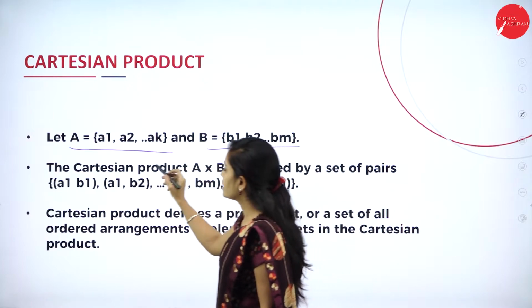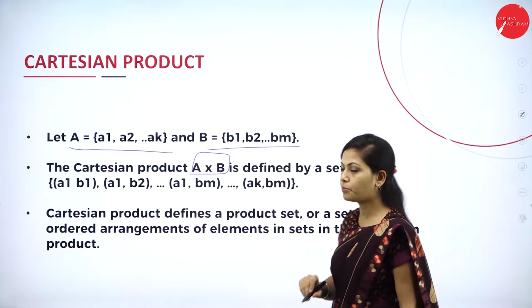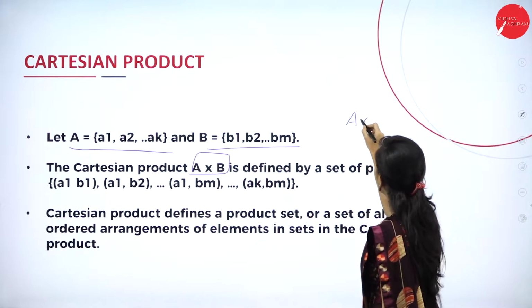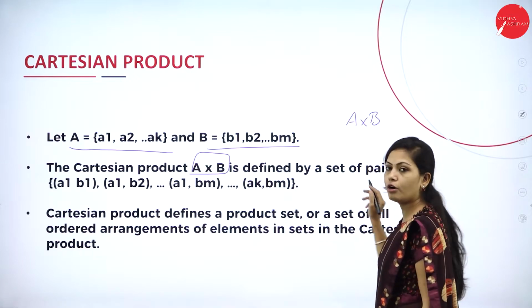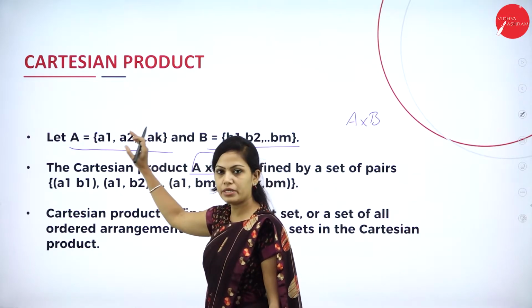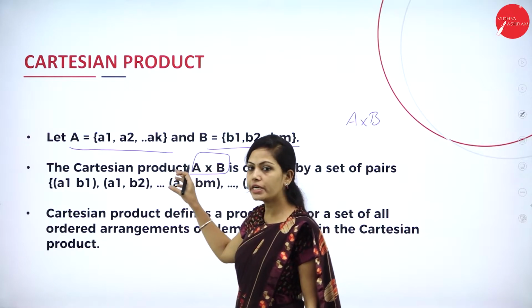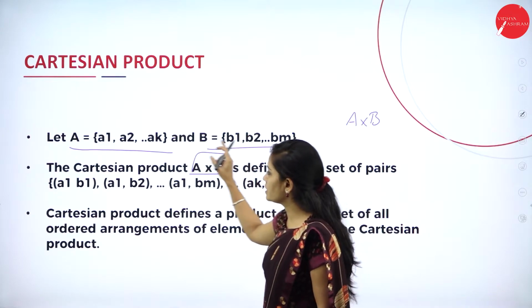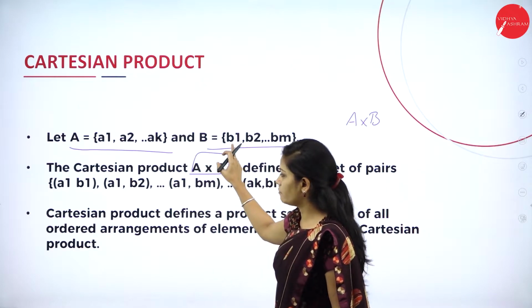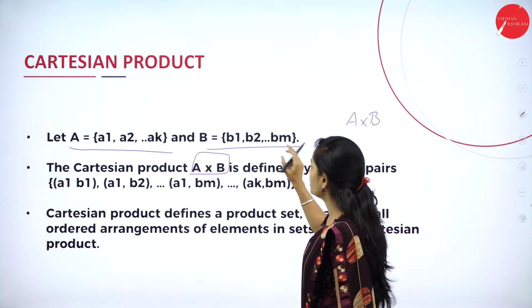Here the Cartesian product is called A cross B. The Cartesian product A cross B is defined as a set of pairs of an element of A and an element of B. I will take the product of the elements of A and B, that is A cross B is equal to (A1, B1), (A2, B2) up to (AK, Bm).